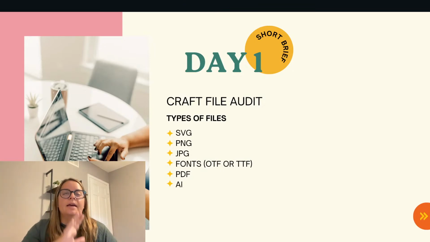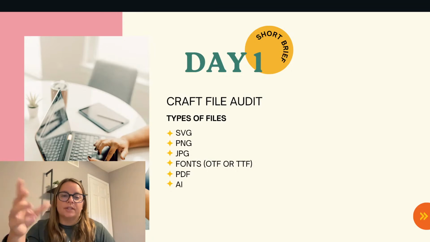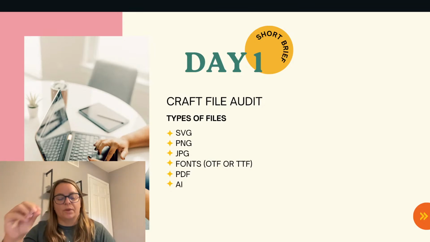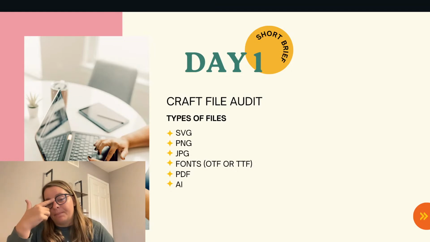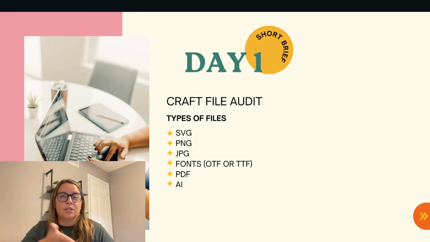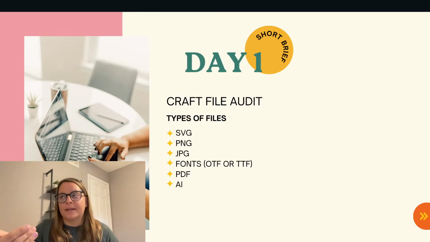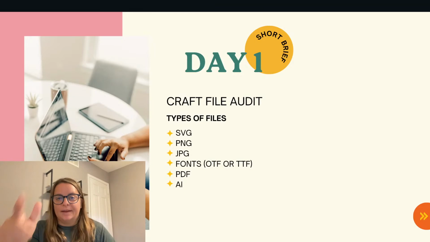So anyway, it's important to know the types of files that you have because they really do serve different purposes. An SVG really is if you're going to use it to cut on your Silhouette or your Cricut. A PNG or a JPEG is just really an image. A lot of those we would print for tumbler decals. We might print for sublimation. We might piece it together for that. You have all of your fonts. I don't know about you, but I have a lot. I'm curious if you have a lot too. Let me know in the chat.